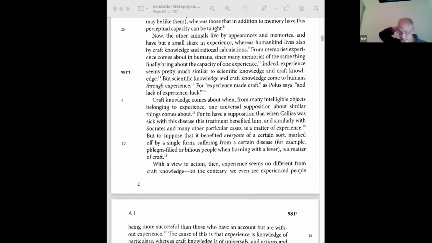Okay. So to have a supposition that when Callias was sick with this disease, this treatment benefited him, and similarly with Socrates and many other cases, is a matter of experiences. So what I'm understanding here is that we have a connection between treatment, disease, and this individual, right?